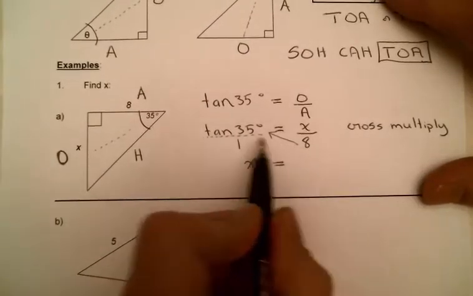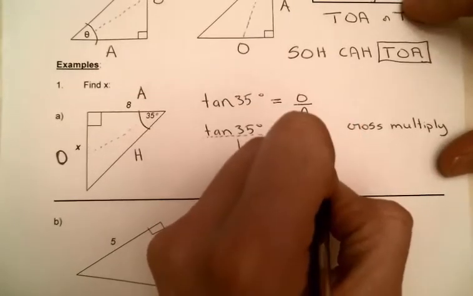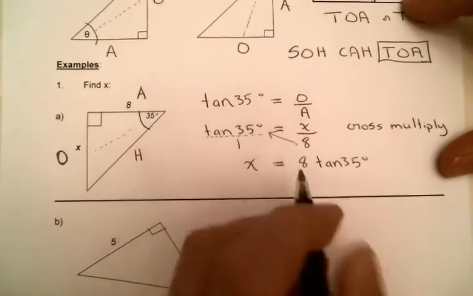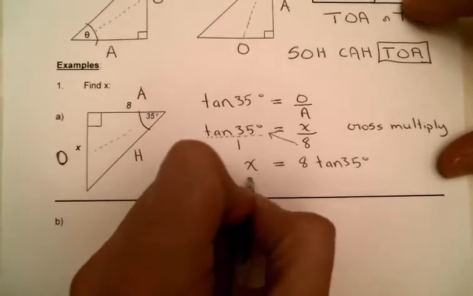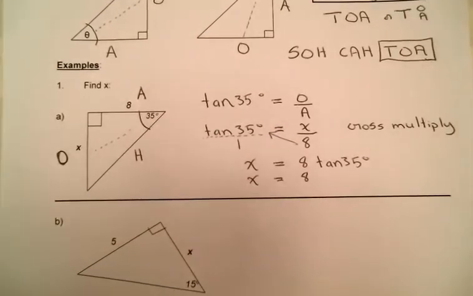8 times tan 35, we're going to have to work that out. So you write 8 tan 35 degrees. It means 8 times the tan of 35 degrees. And that has a value, so let's find out what that value is. Tan 35. Grab your calculator, guys. Make sure it's in degree mode.